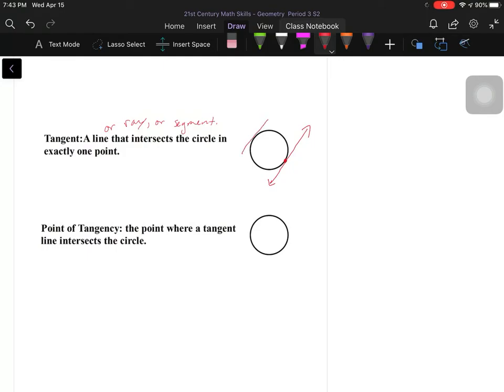So I could have a segment over here. I could have a ray. The point of tangency is the actual spot, the one point where the line or the segment or the ray, I'll draw this one as a ray, touches the circle. So point A would be the point of tangency.